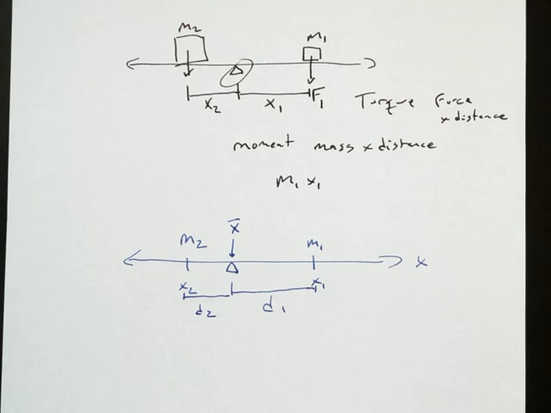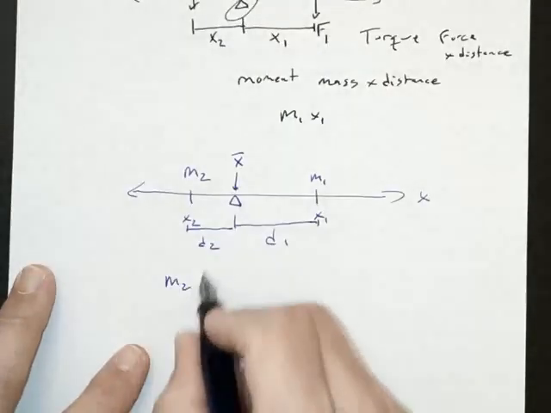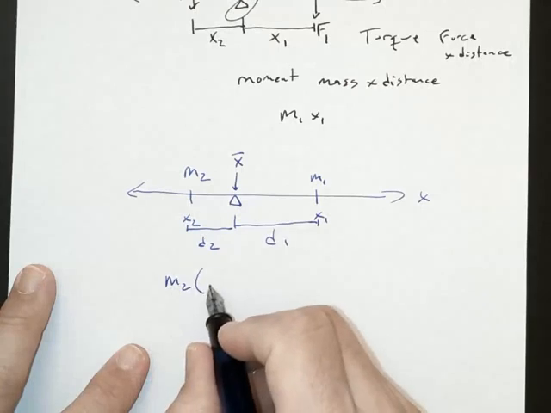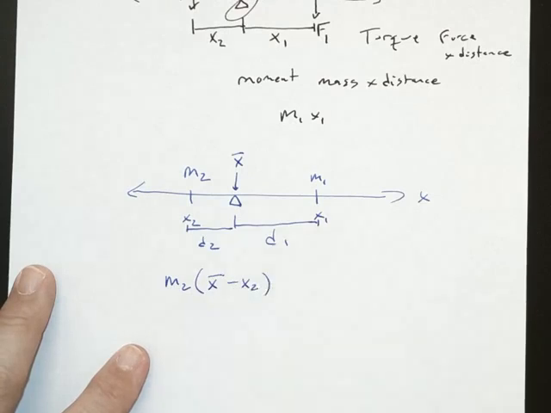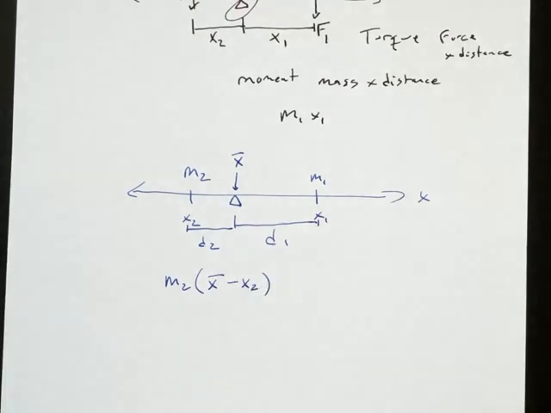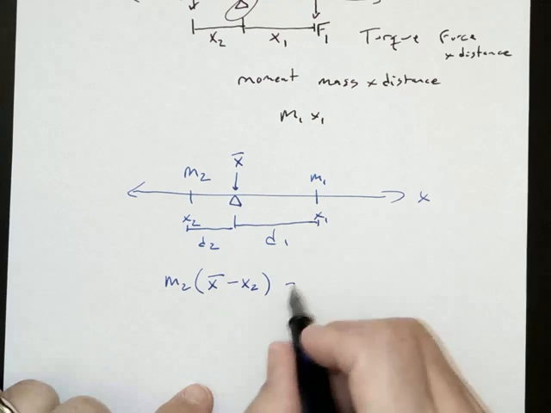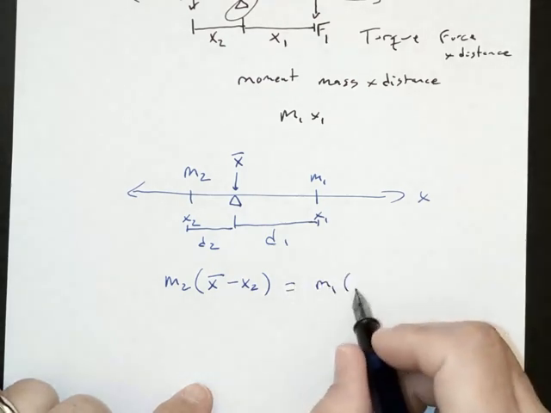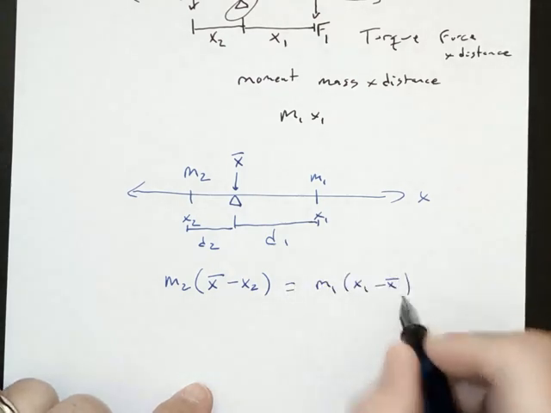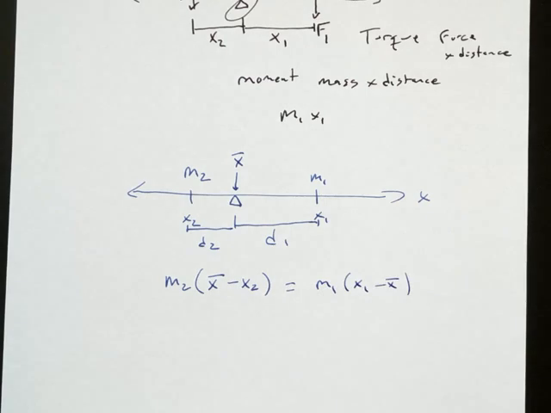And I know that the total of those should balance out. So mass 2 times x bar minus x2, because x bar is to the right, it should be bigger, should be equal to mass 1 times x1 minus x bar, because x1 is to the right, it should be bigger. Do me the algebra necessary to solve for x bar.